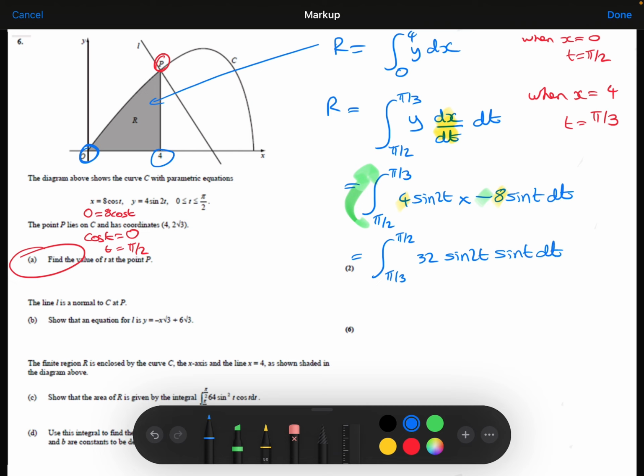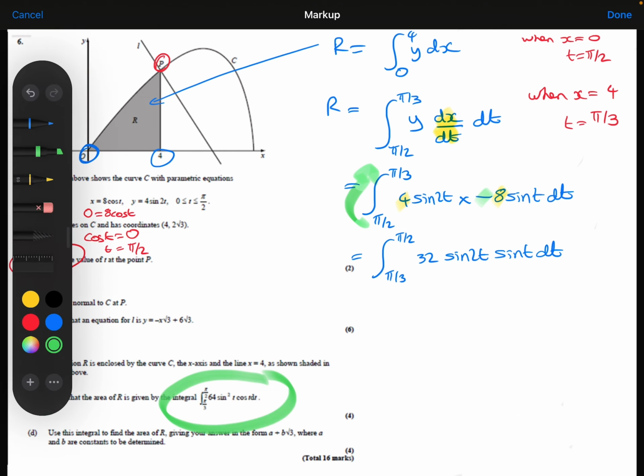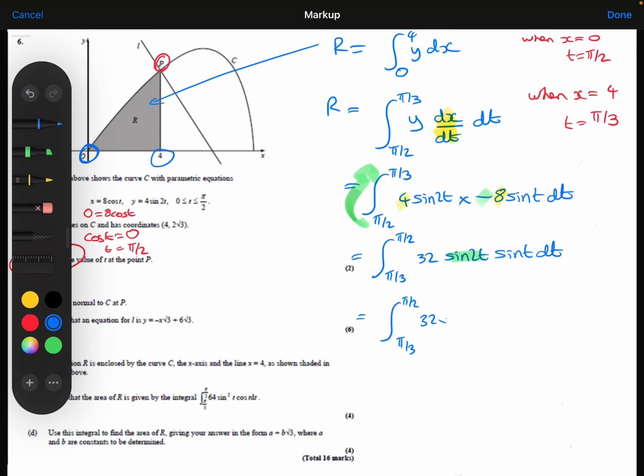Still not quite in the form that I was asked to show, so it's starting to do a bit of work. I need to get rid of this sine 2t, which is fine because I know that sine 2t is the same thing as 2 sine t cos t. They are the same.